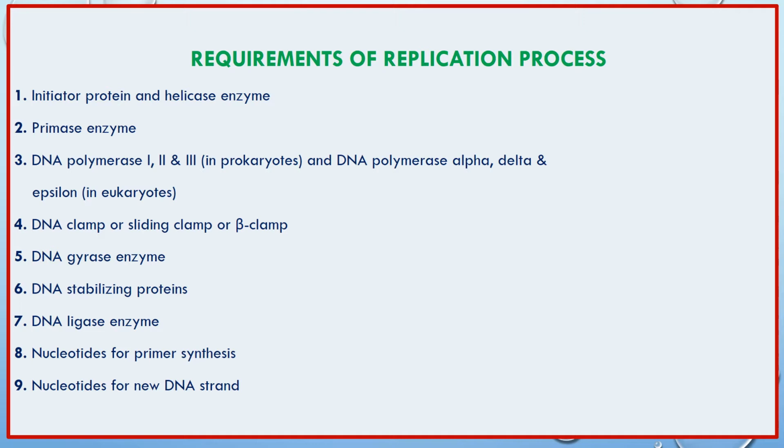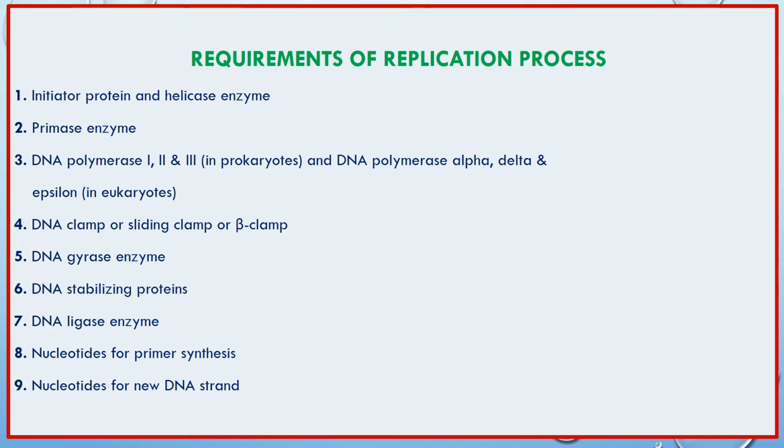The process of replication requires initiator protein along with the helicase enzyme, primase enzyme, DNA polymerase 1, DNA polymerase 2 and DNA polymerase 3 in the case of prokaryotes, while in eukaryotes, DNA polymerase alpha, DNA polymerase delta and DNA polymerase epsilon.